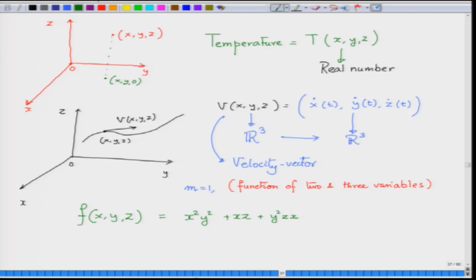This, for example, is a function from R3 to R, and these kinds of functions are always called polynomial functions, polynomial in x, y, z. They form a very important class of functions.